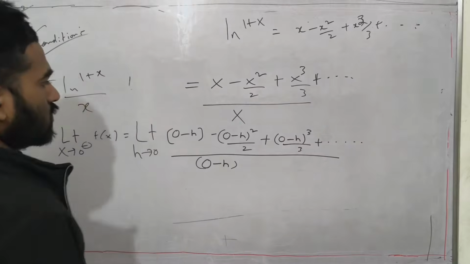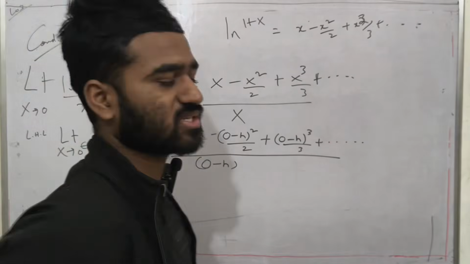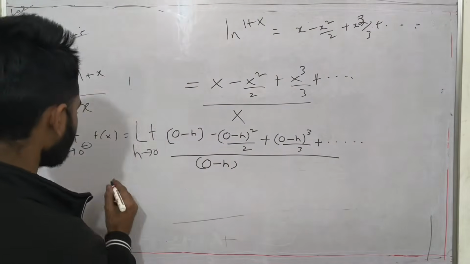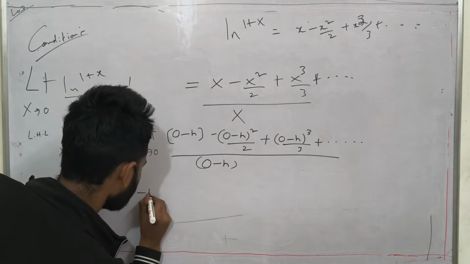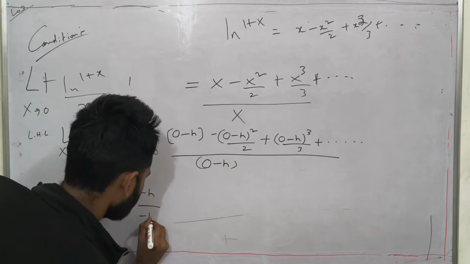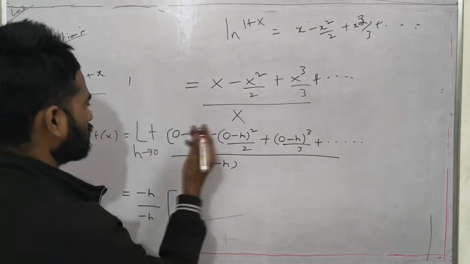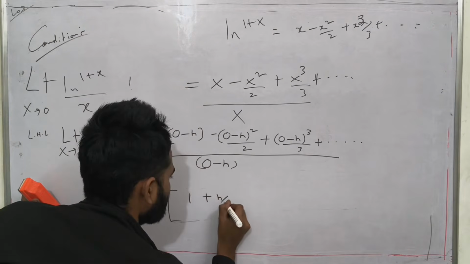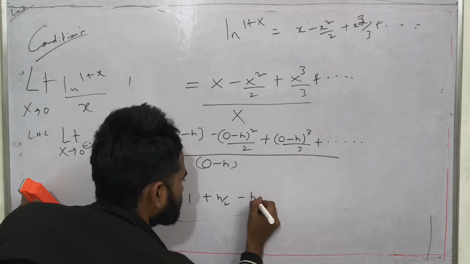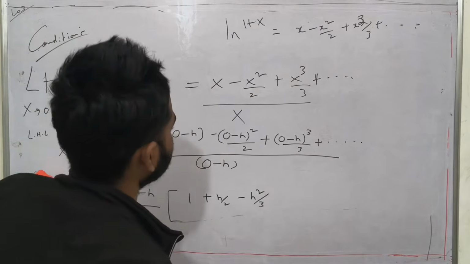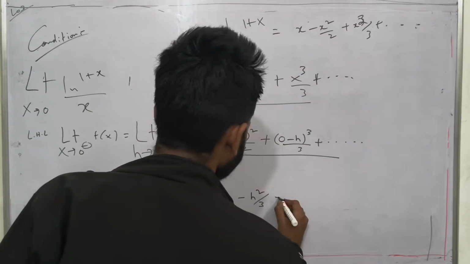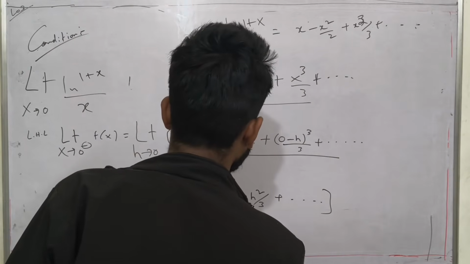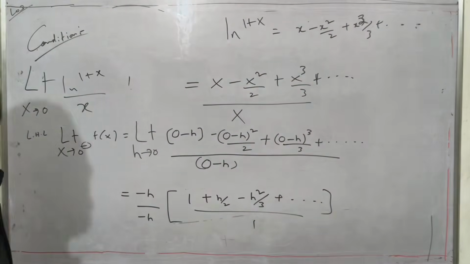So here I can take common minus h from numerator and denominator. Minus h, then the numerator will become 1 plus h by 2 minus h square by 3, and so on, and the denominator is 1.